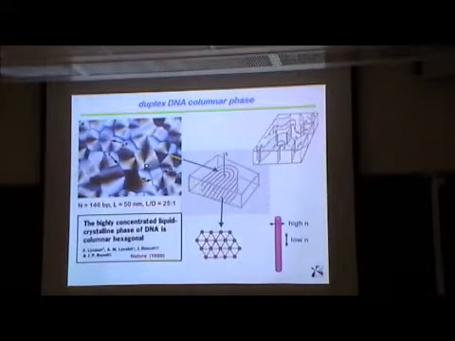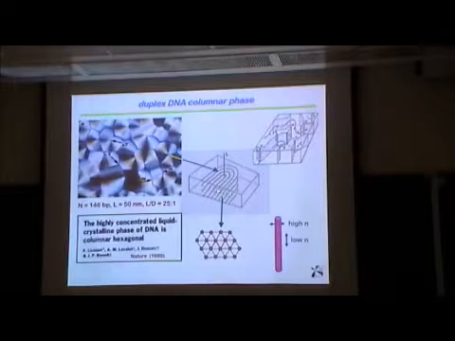DNA also has columnar phases at higher concentration. In these phases, the chains pack into a lattice, but they're free to slide along in the direction normal to the lattice plane. So it's a columnar liquid crystal.